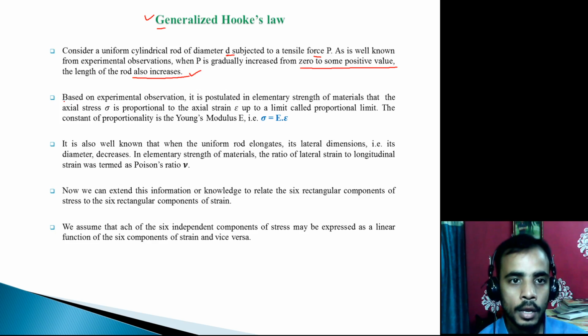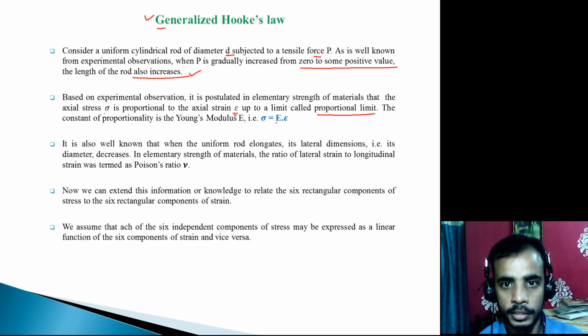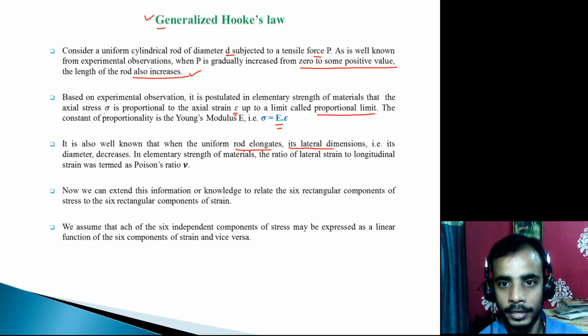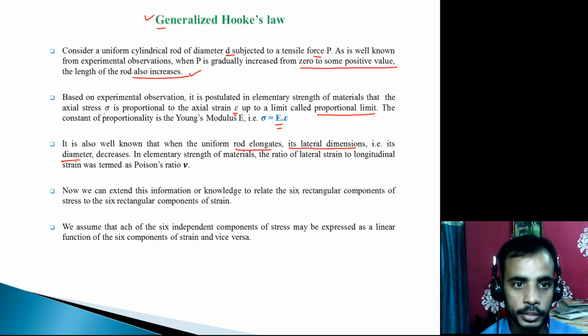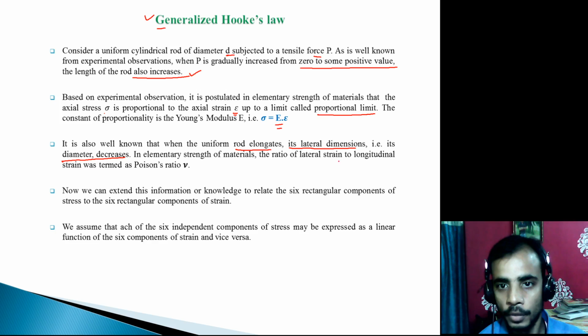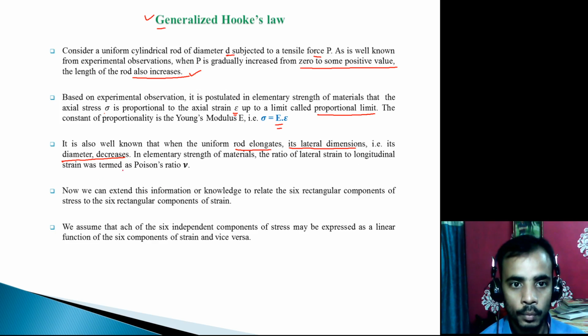Based on experimental observation, it is postulated in elementary strength of materials that the axial stress sigma is proportional to the axial strain epsilon up to a limit called the proportional limit. The constant of proportionality is the Young modulus, E. It is also well known that when a uniform rod elongates, its lateral dimension, that means its diameter, decreases.